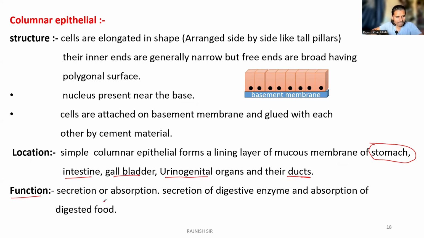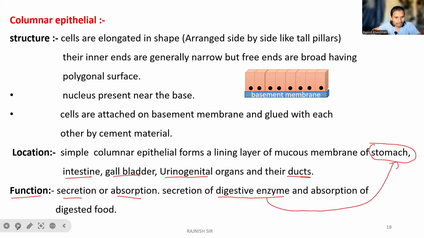And what is their function? They secrete, they absorb. They do two functions. They can either secrete or absorb something. What do they secrete? An example of secretion is that they secrete digestive enzymes in the stomach. See the correlation. They are present in the stomach, and there they secrete digestive enzymes for digestion of your food.